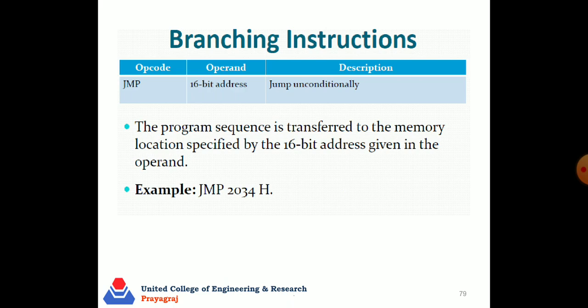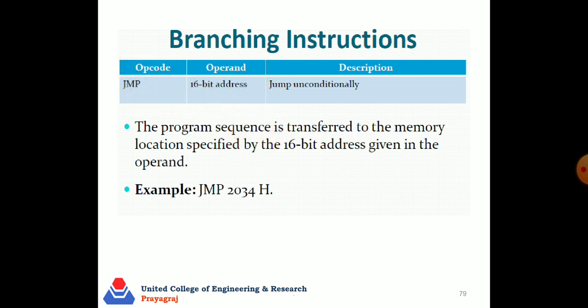Like the first instruction, JMP. JMP is an opcode and the operand is a 16-bit address. It is an example of an unconditional branching instruction, like JMP, jump 16-bit address.